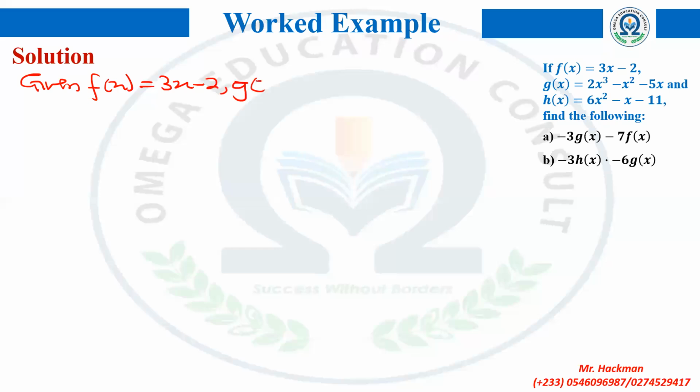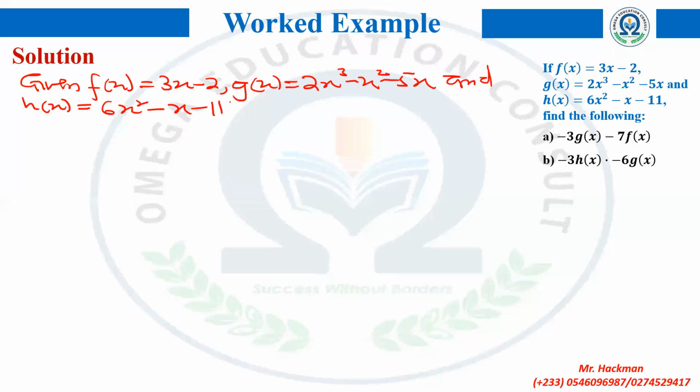So g of x will be equal to 2x cubed minus x squared, minus 5x. And your last function, h of x, will come down. h of x will be equal to 6x squared minus x minus 11.